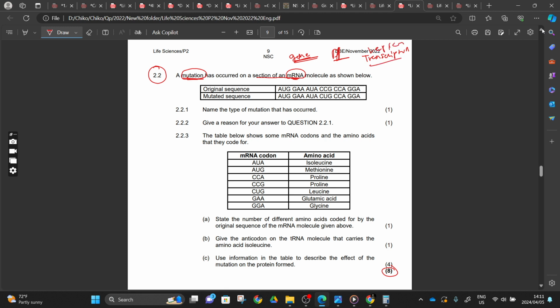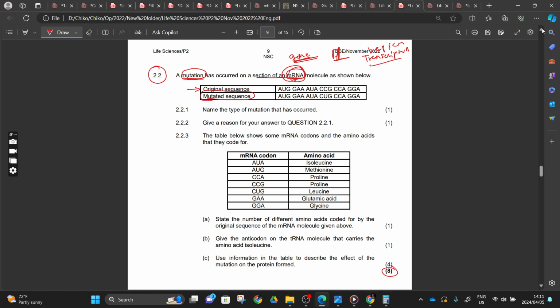So when this happens in mRNA, we can have an original sequence. The mutation here is happening at an mRNA, so it means we have an original sequence of an mRNA that was supposed to be produced, but something happened and we resulted in a mutated sequence.